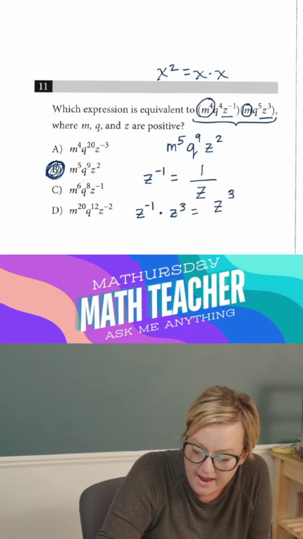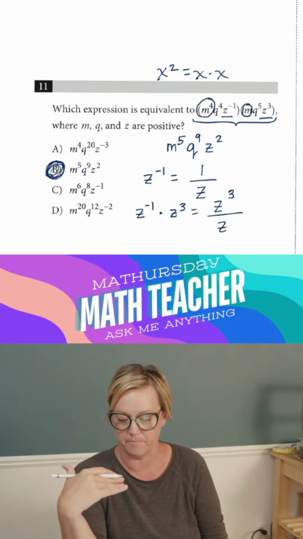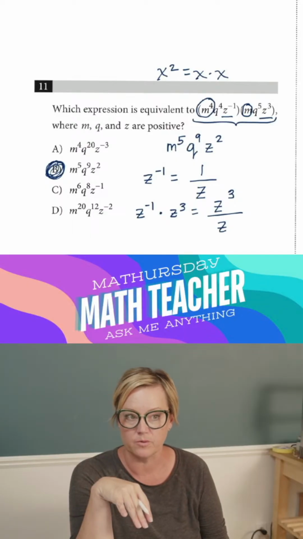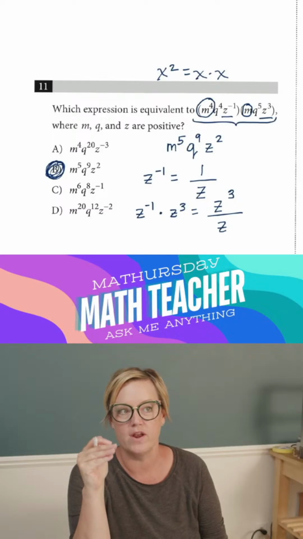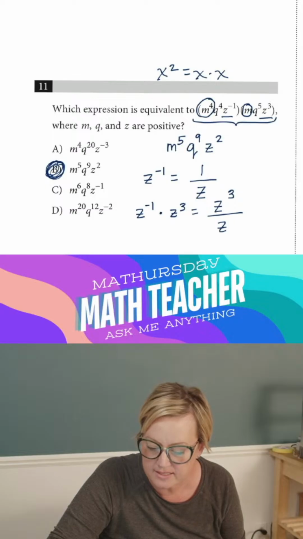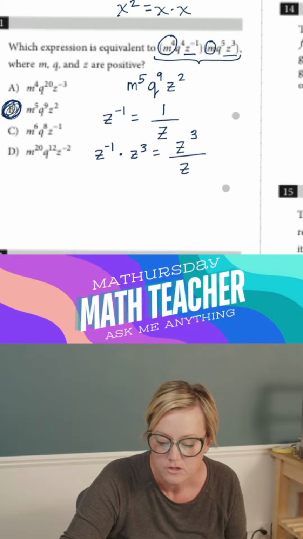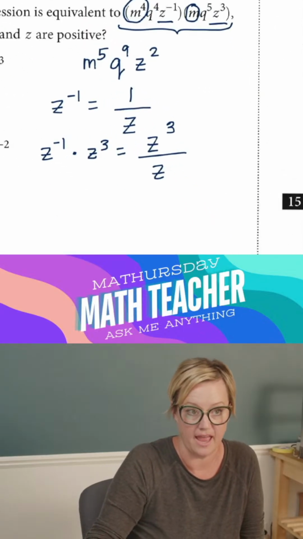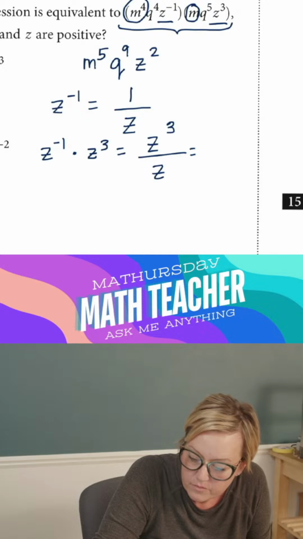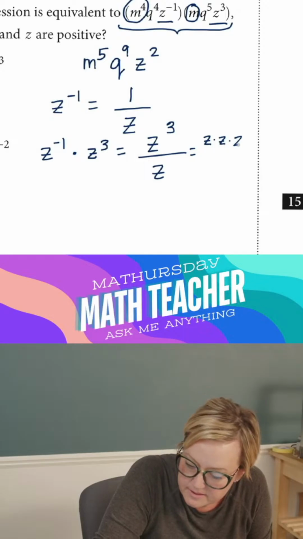Somebody asked earlier, I think Trish, about the division piece, when you're dividing exponents. If we think about what the -1 actually is, where it drops it down below, now I've got z to the 3rd on top over z on the bottom. When you're dividing powers, we can think of this as z times z times z over z.